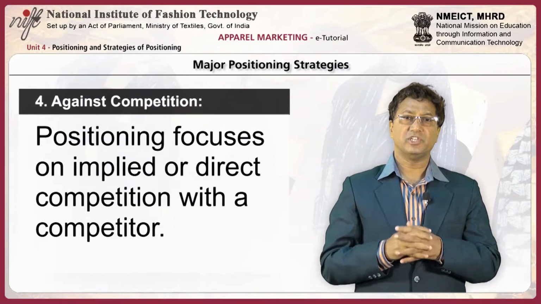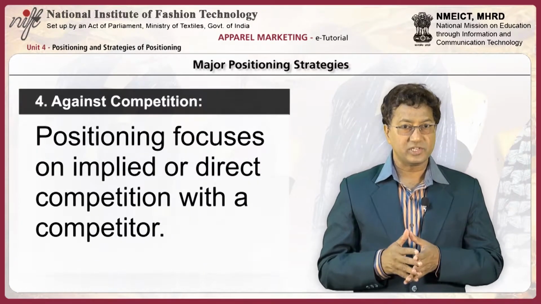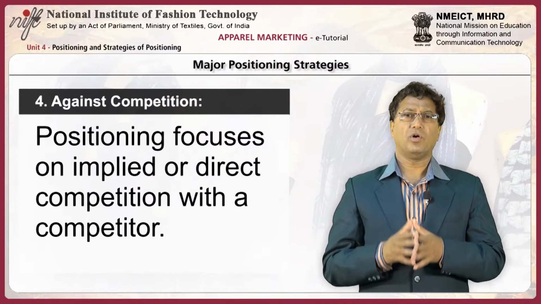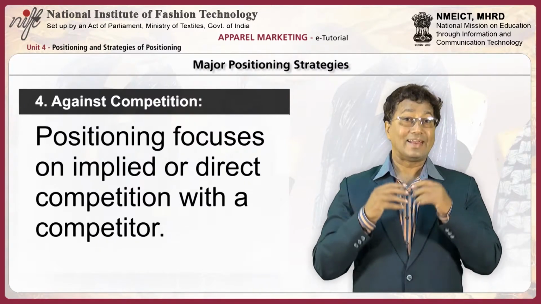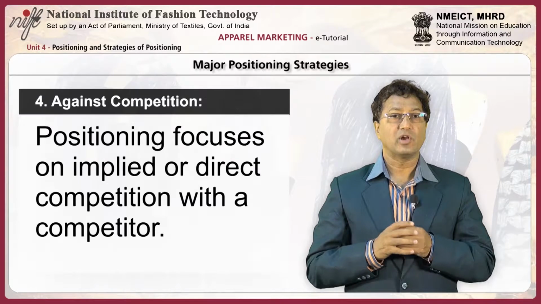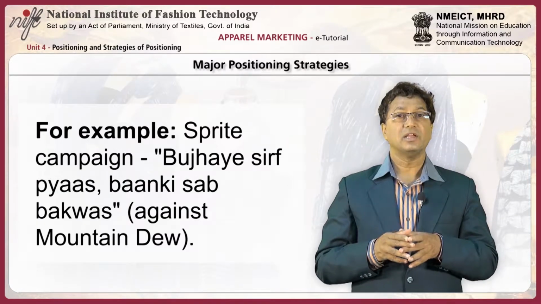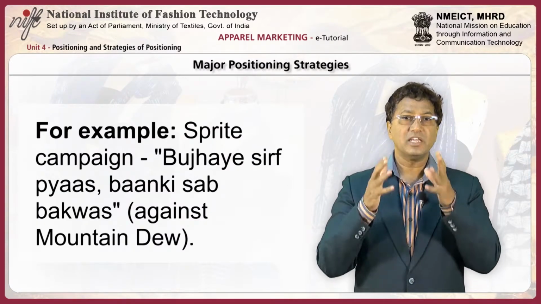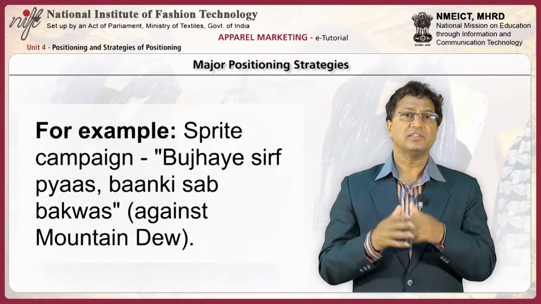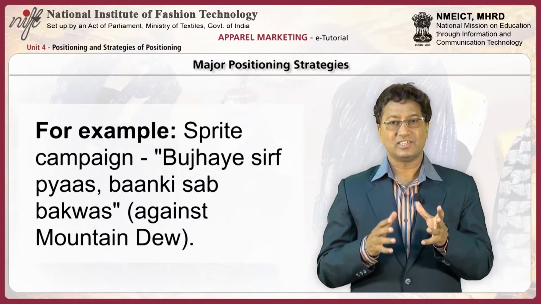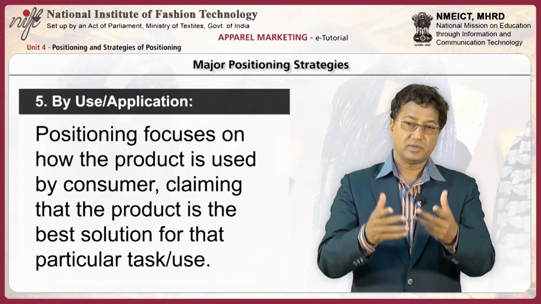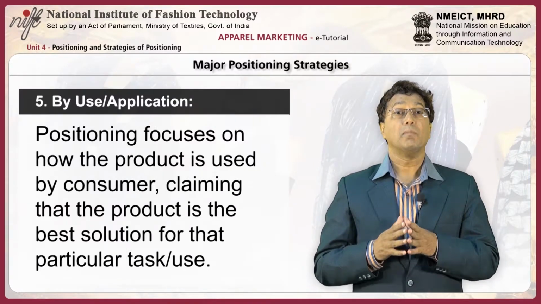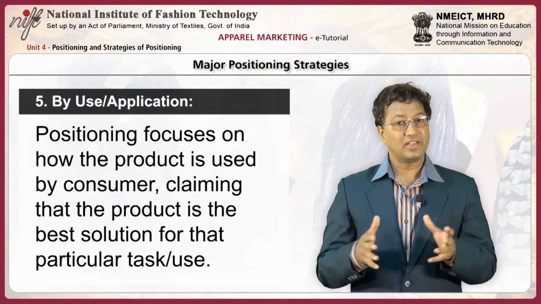The next positioning is against competition. Positioning focuses on implied or direct competition with a competitor. For example, Sprite campaign, Bujhaye sirf pyas, baki sab bakwas. It's against Mountain Dew. The next positioning is based on use or application.